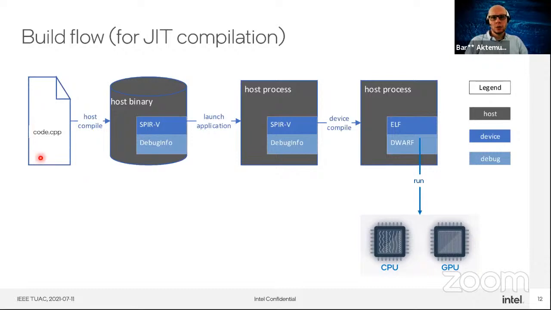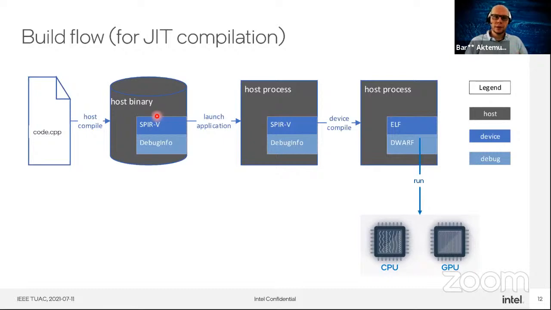So we have our code. The code is compiled by the DPC++ compiler, and it produces a host binary. The host binary in this case is called a fat binary because it contains in a section what is called SPIR-V that corresponds to the kernel.